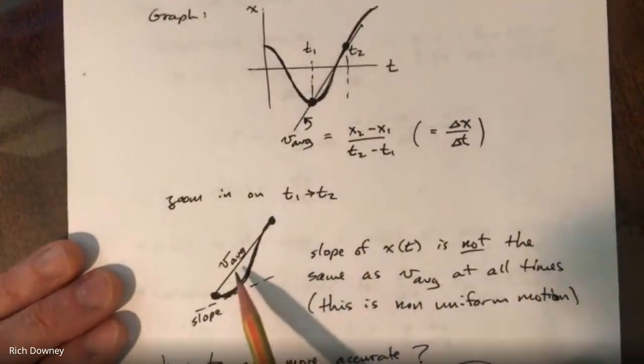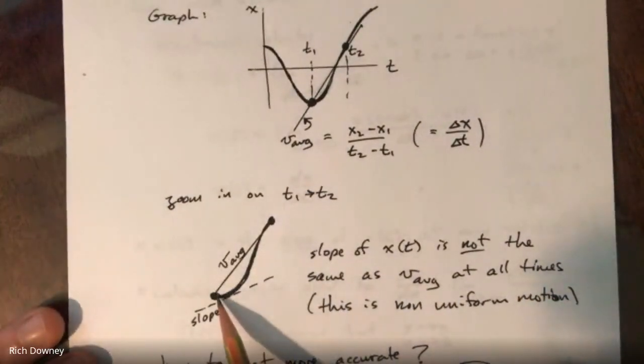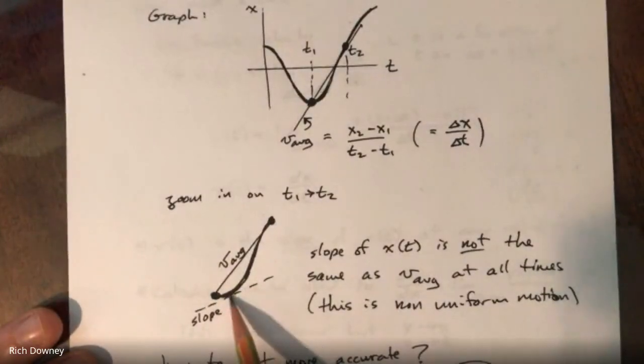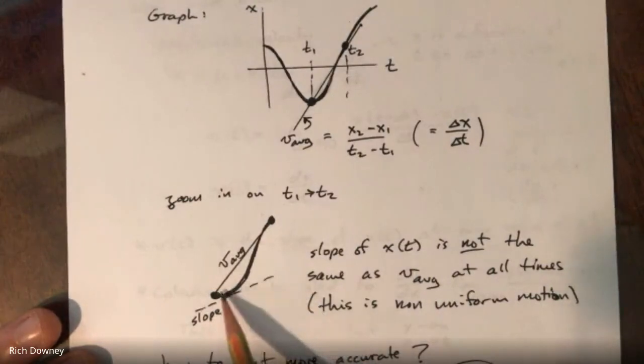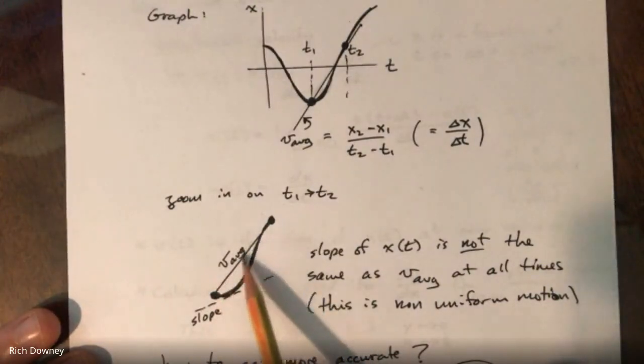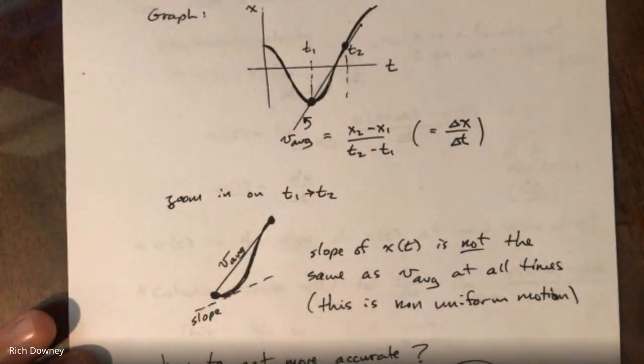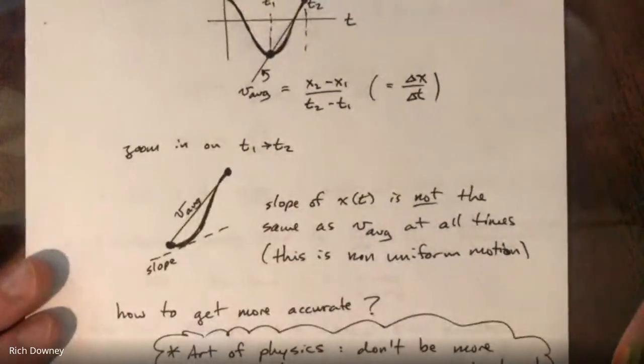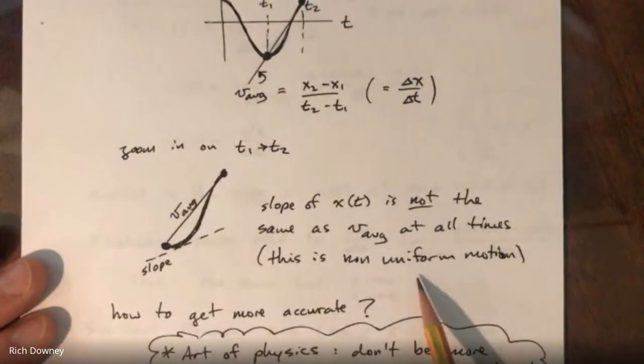And if I zoom in on that part of the graph, this shows that at this point right here, the slope is this dashed line, and it's not the same slope as the average velocity. That's a consequence of this being non-uniform motion.